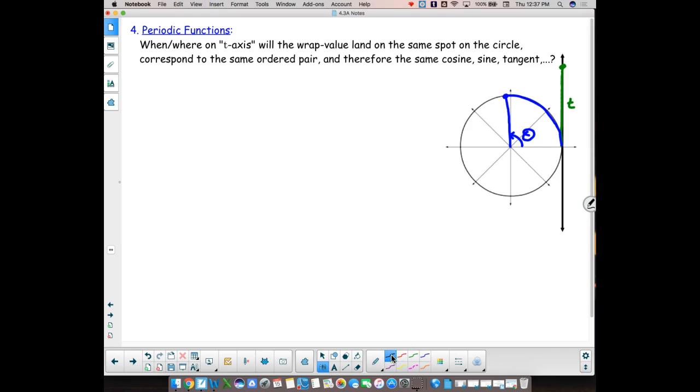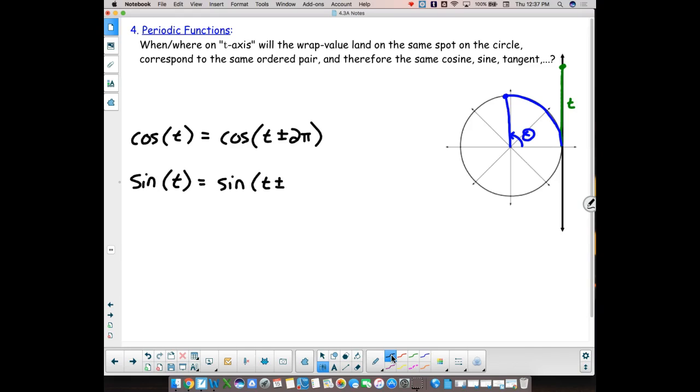So if I have the cosine of t, or the sine of t, or really any of the 6 functions, that's going to be the same as the cosine of t plus or minus 2 pi. Because 2 pi is a full, complete lap.